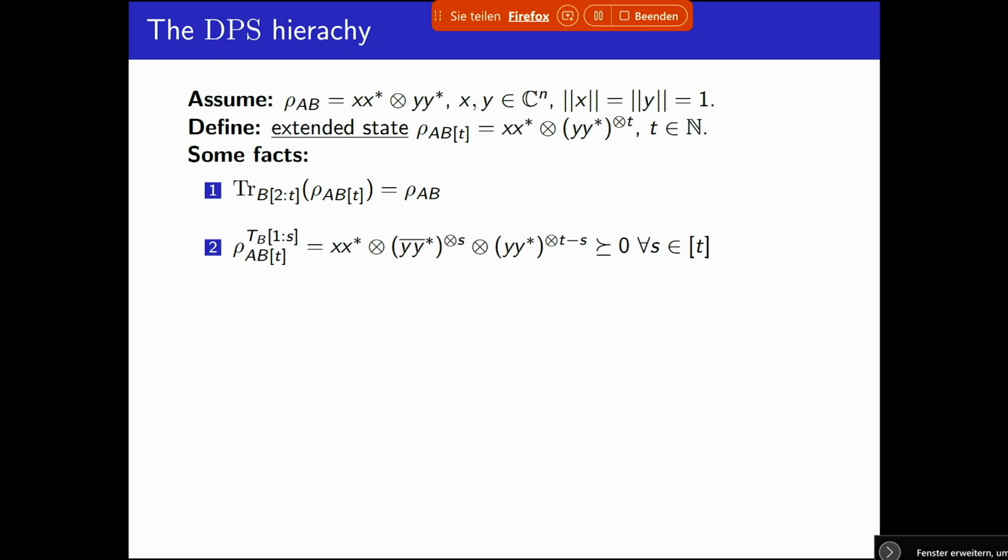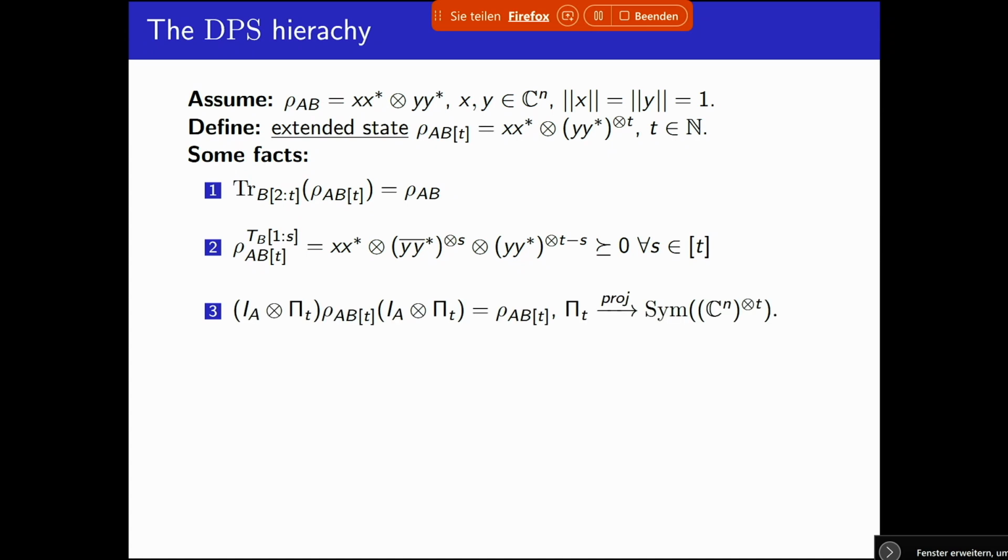The Y star gets flipped to the rank 1 matrix corresponding to the complex conjugate of Y. And as one can clearly see, this remains PSD for all S's ranging from 0 to T.